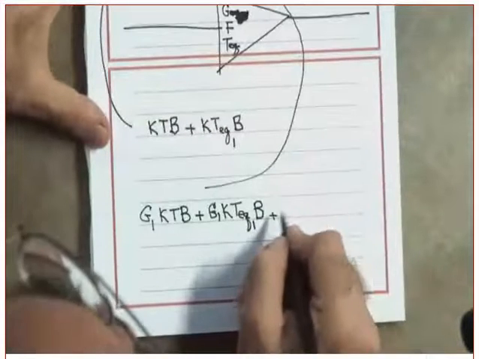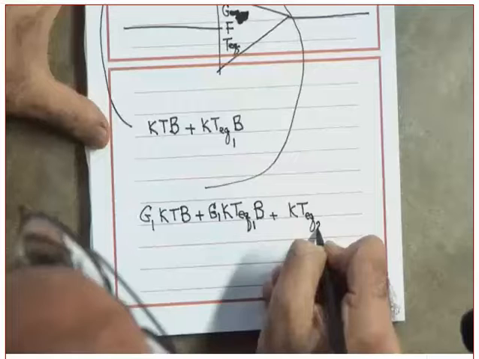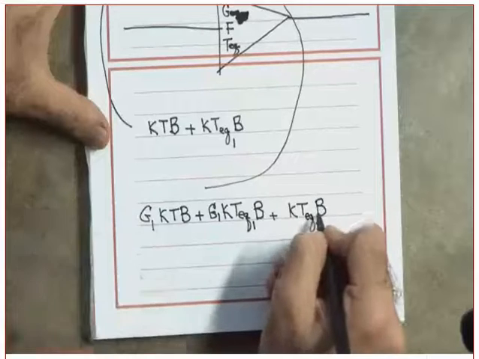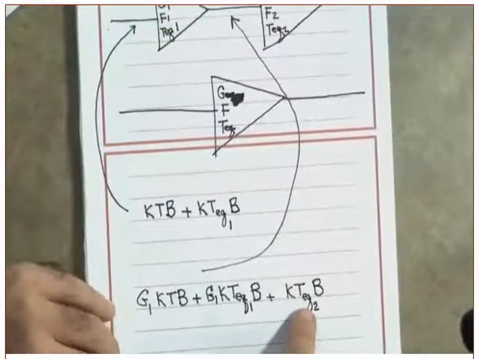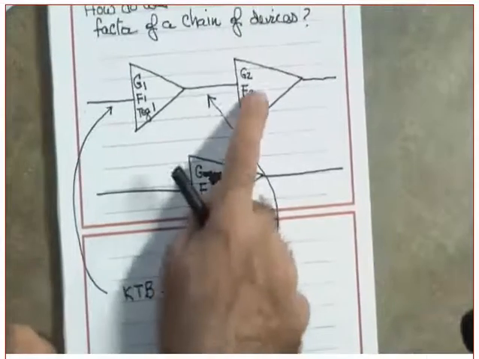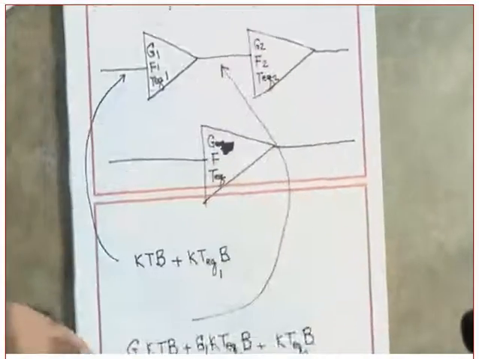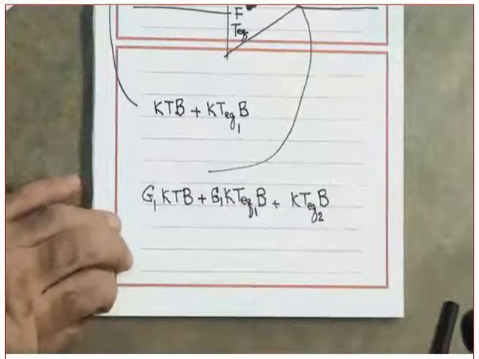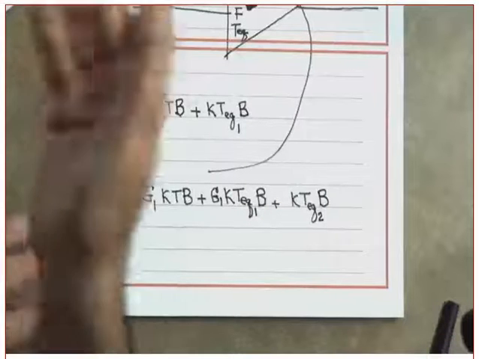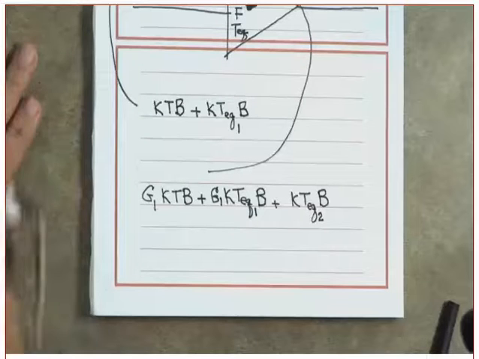Plus K T equivalent 2 B. What is this? That's the internal noise generated by this device as referred to the input. Yes or no? By the way, how come I'm adding the power? I'm adding the power because I'm assuming that the sources are independent, uncorrelated. And since they are Gaussian, they are independent. Did you get my point or not?